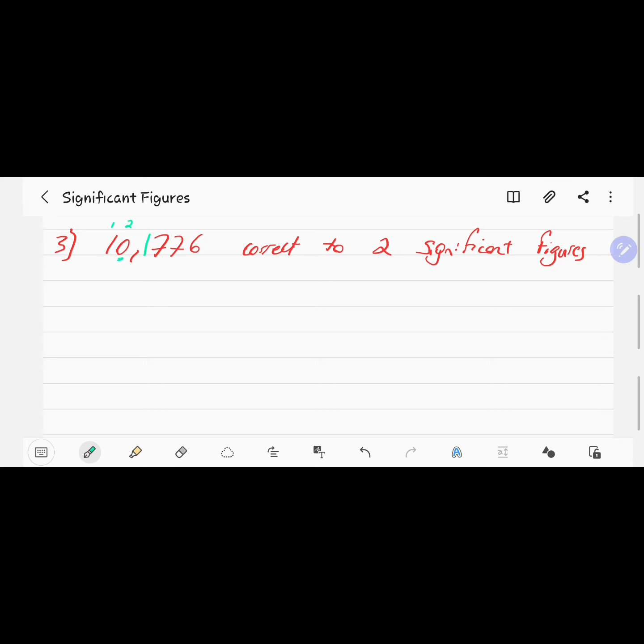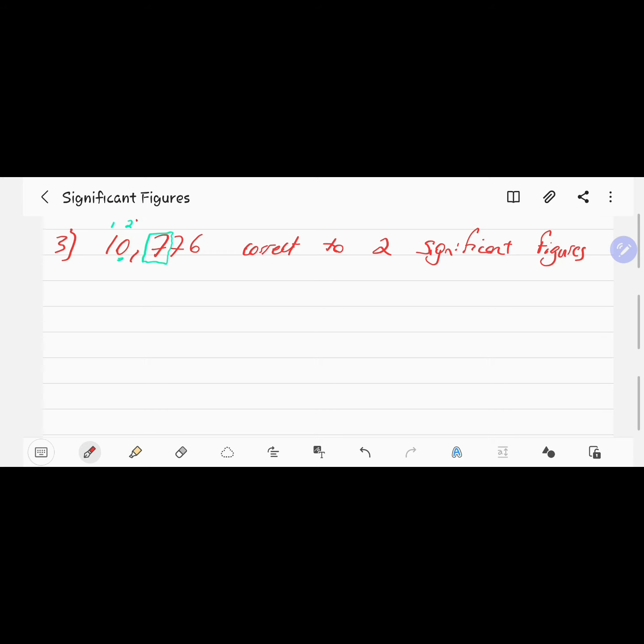But we have to look at this number right here to determine whether or not we should round up or leave it as is, just to drop the rest of the digits. So we're going to look at this number, and we see that it is between 5 and 9. That is 5, 6, 7, 8, or 9. So in this case, we're going to round up by adding 1.